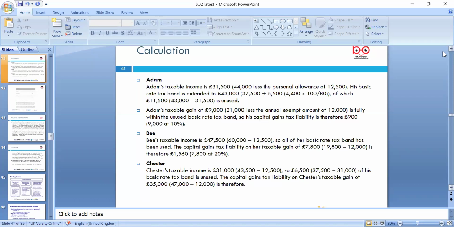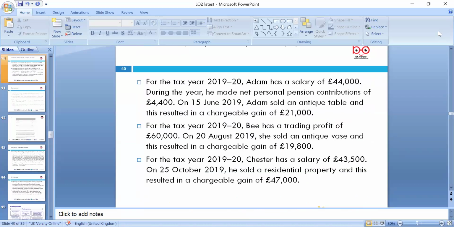Then if his tax rate band is extended, his basic rate band is extended to 43,000. Why? Because if tax is paid at source, it will take you back. Adam's salary is 44,000.